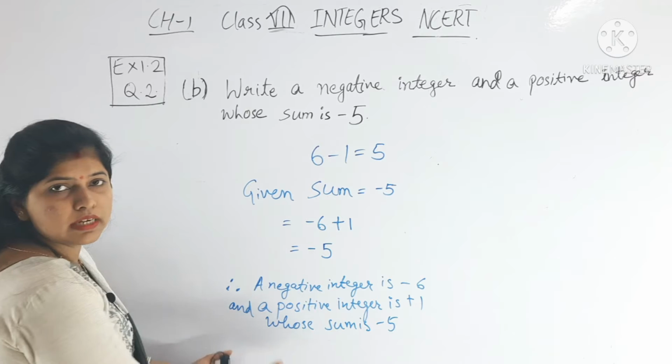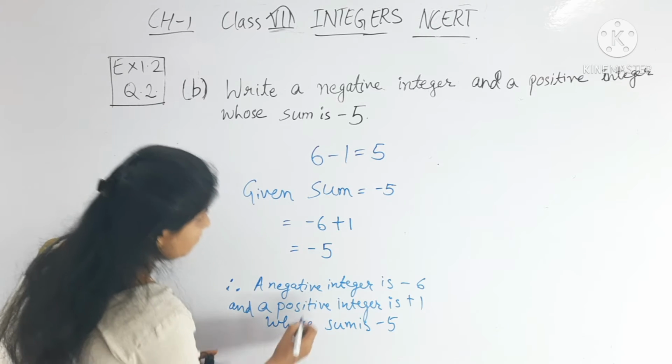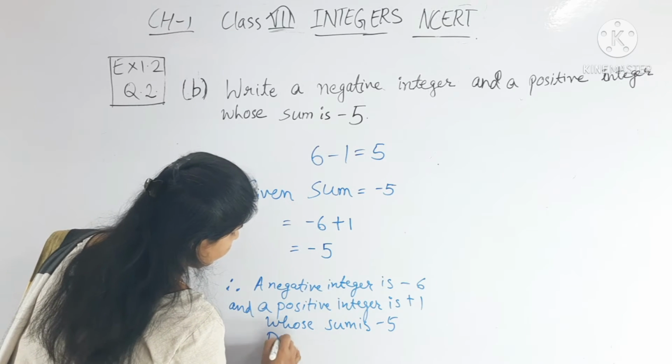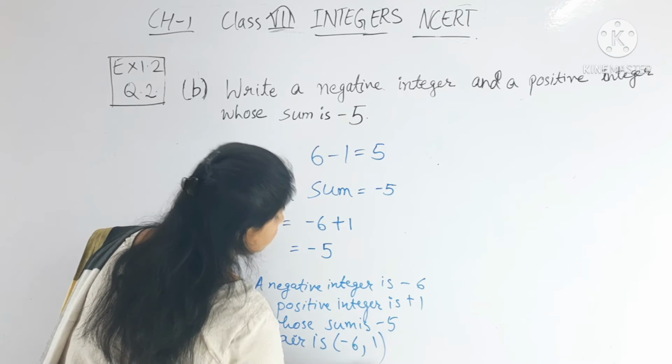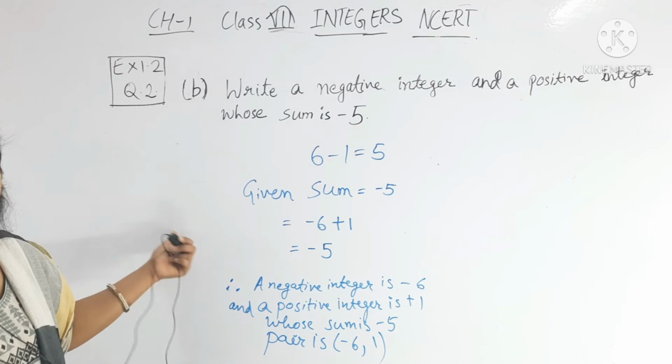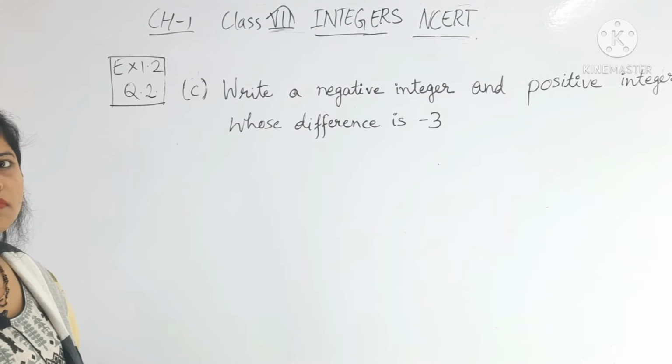You can conclude like this. Okay, the pair is minus 6 comma 1. That is the B part.